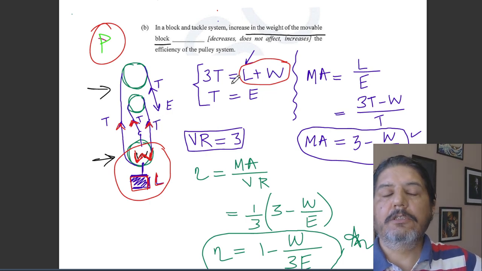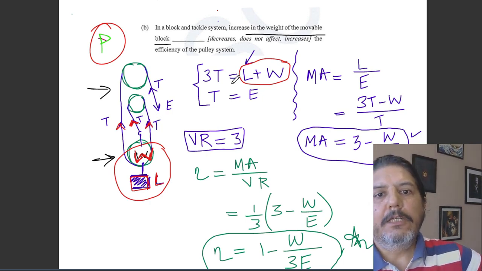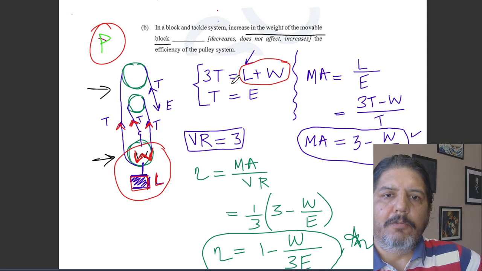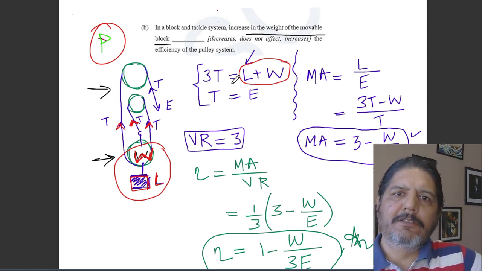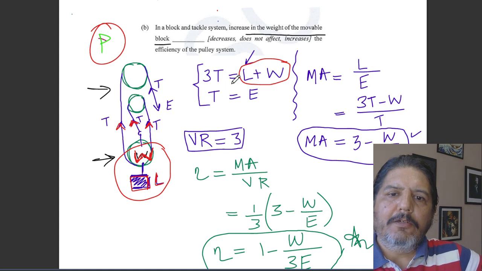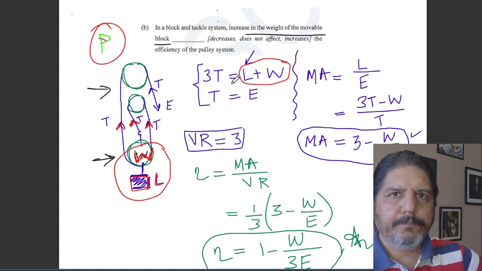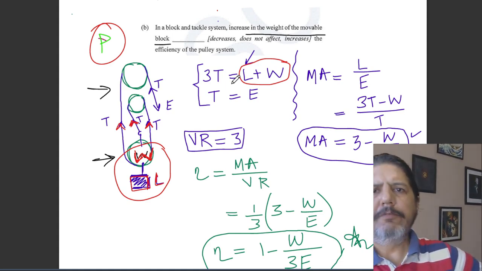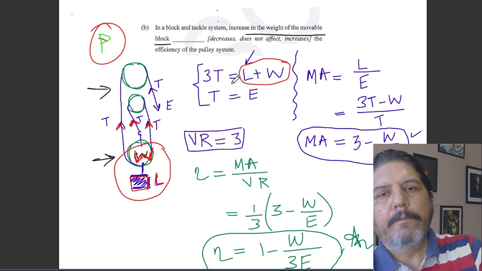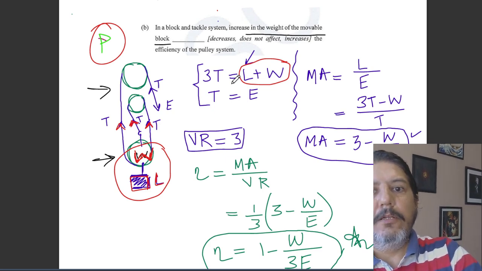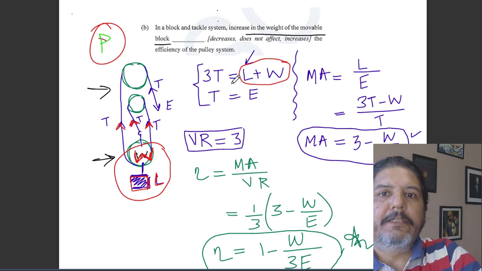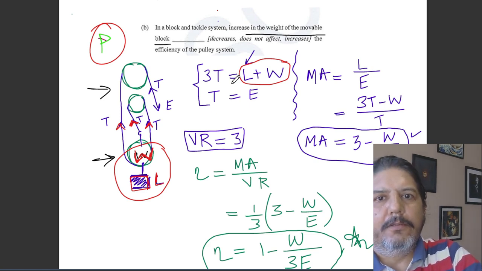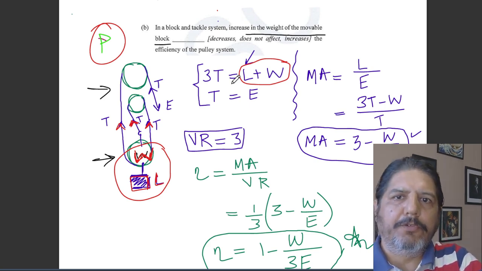So the first equation that I will have would be 3T is equal to L plus W. I'm taking some time to derive a case where I'm trying to derive the efficiency of a block and tackle system where the movable block has a weight. So I'm trying to derive the efficiency, and then I'll answer this question.